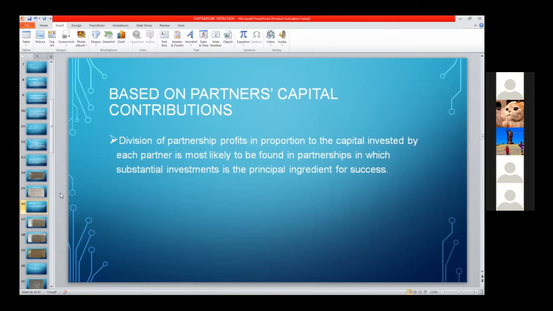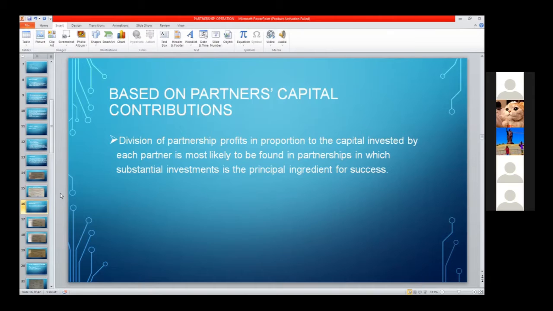And of course, if each partner has a contribution to the partnership, they should receive a profit if the partnership is successful. And of course, if there is profit, there are also losses, if the partnership does not earn. But the question is, how will the partnership divide or distribute its profits or losses?